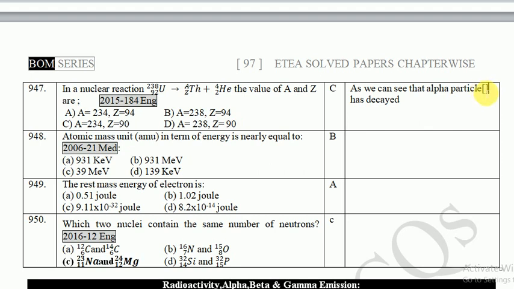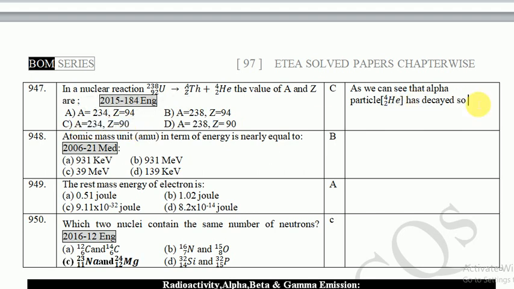So 4 2, the A will decrease by 4 and Z will decrease by 2. As helium is found, 92 minus 2 we get 90, so Z will be 90, and 238 minus 4 is equal to 234. So option C is correct.